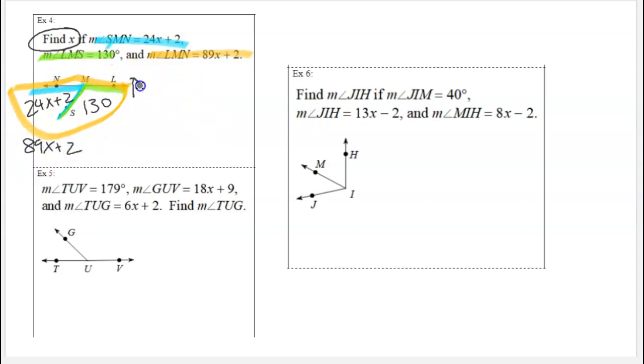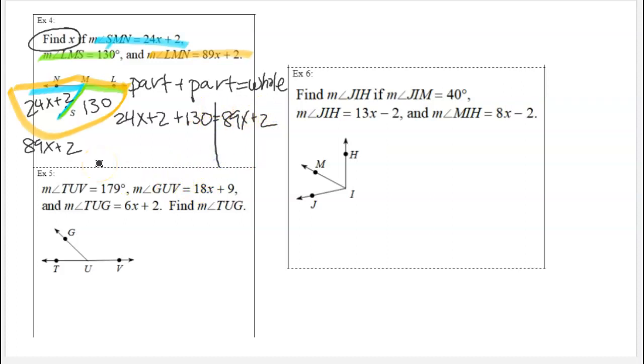All right, let's set up part plus part equals whole. So that would be 24x plus 2 plus 130 equals 89x plus 2. So I'm at a spot where I now have variables on both sides of the equation. I still want to combine my like terms, so I have regular numbers here. That's going to be 24x plus 132 equals 89x minus 2.